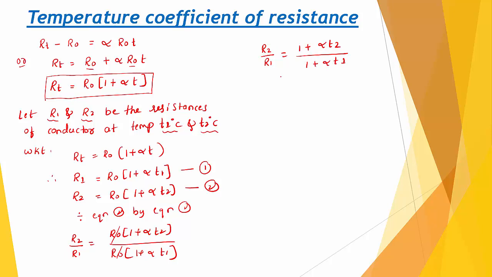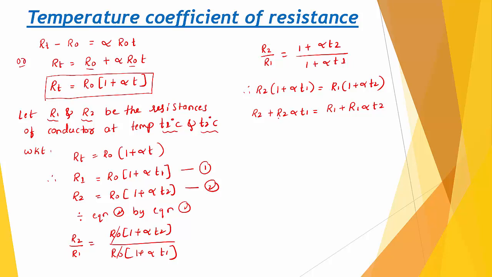So cross multiply this equation. Therefore we can write R2 into 1 plus alpha T1 equal to R1 into 1 plus alpha T2. Multiplying, we get R2 plus R2 alpha T1 equal to R1 plus R1 alpha T2.